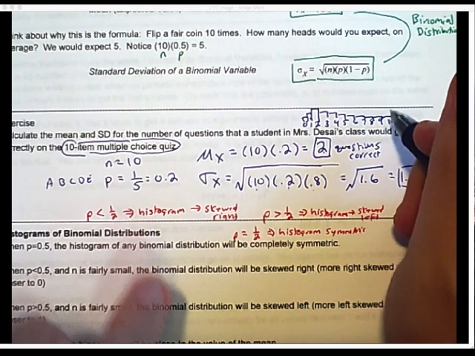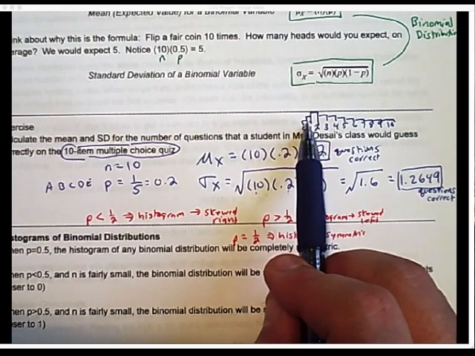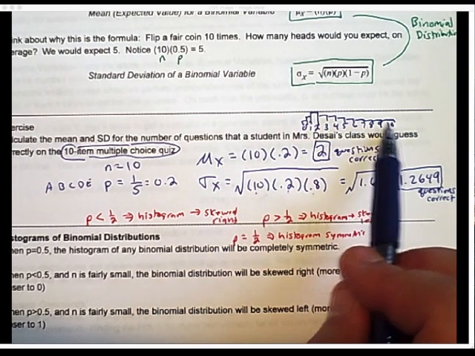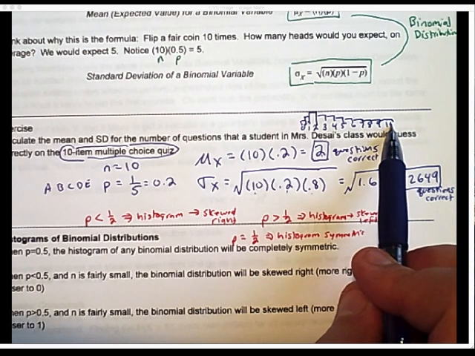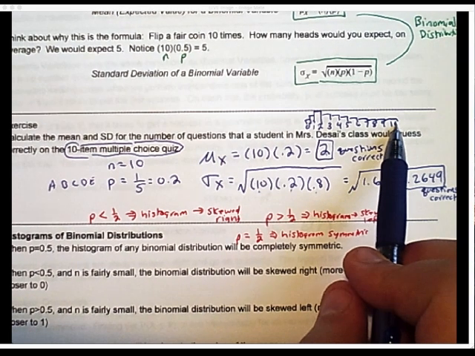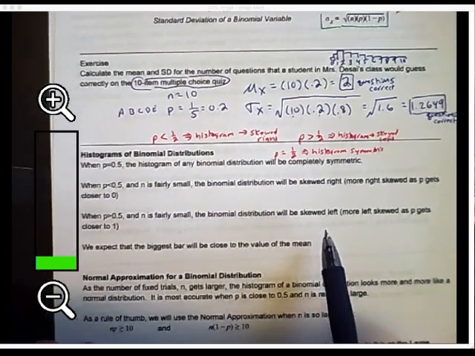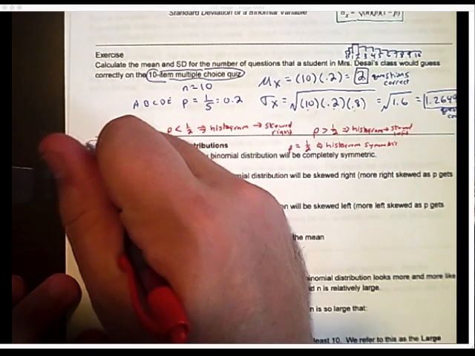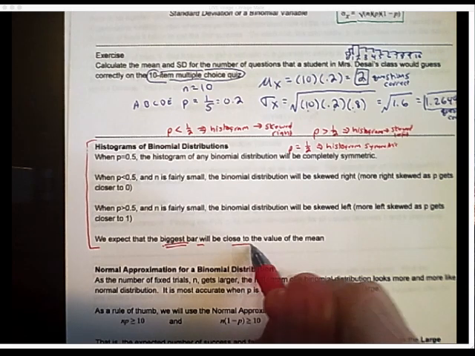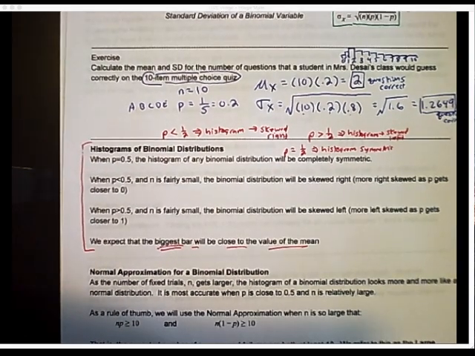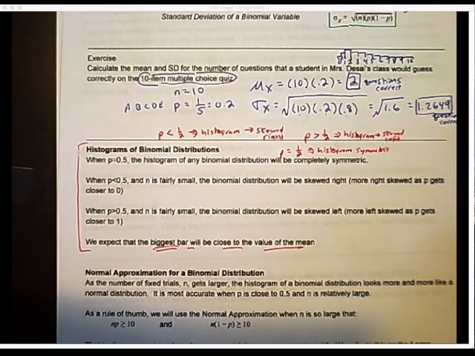So if the p-value is low, the bars on the other side have to compensate for that. So that's why the histogram is skewed right. And that is what this entire section is saying. We expect that the biggest bar will be close to the value of the mean.